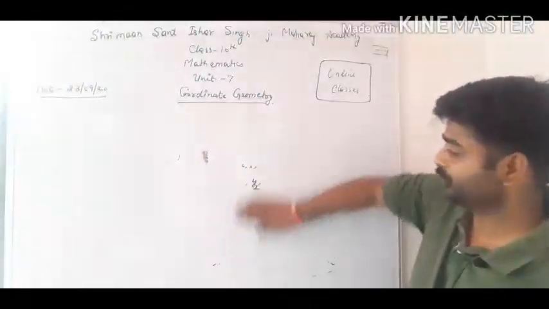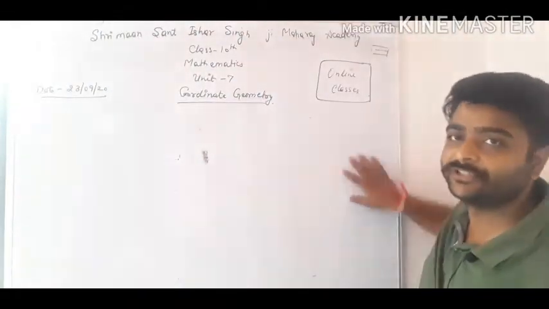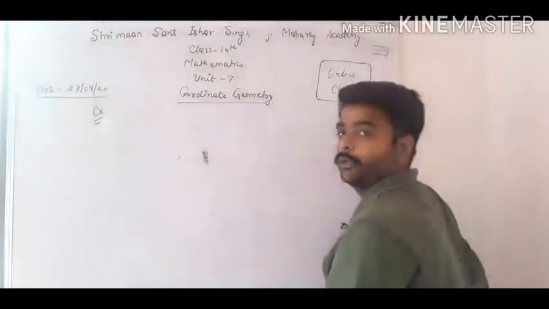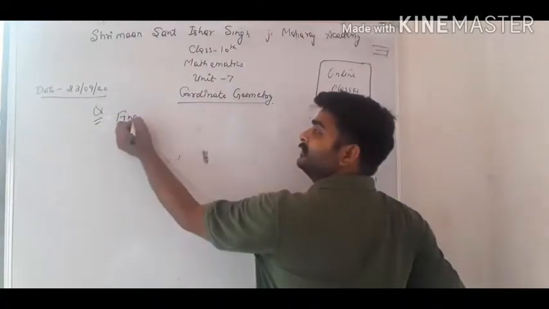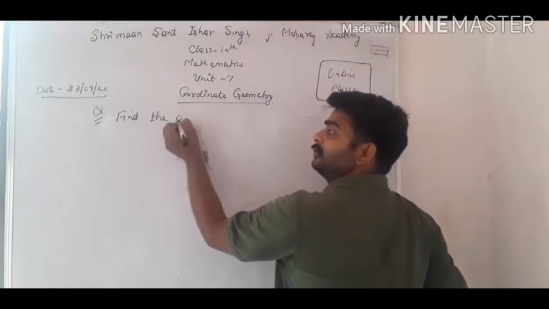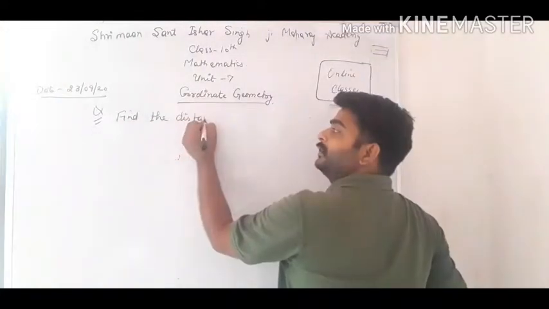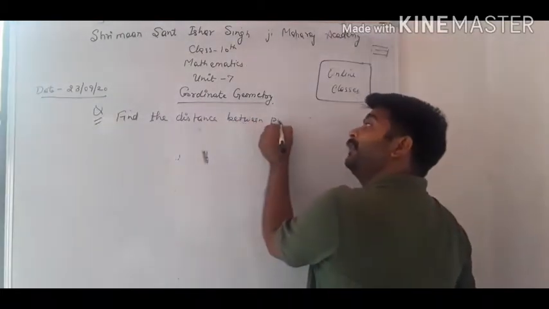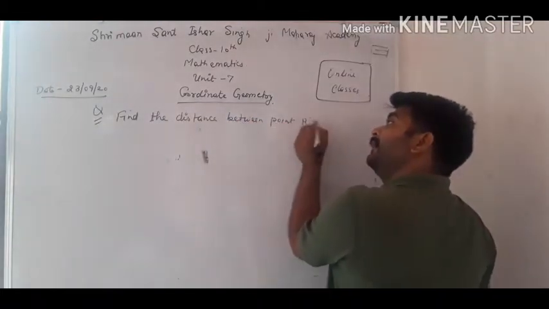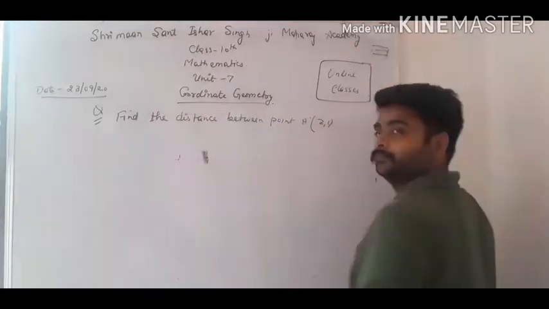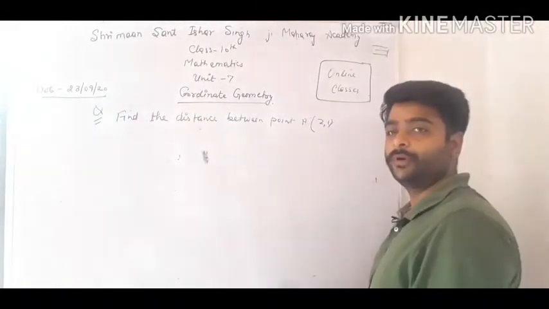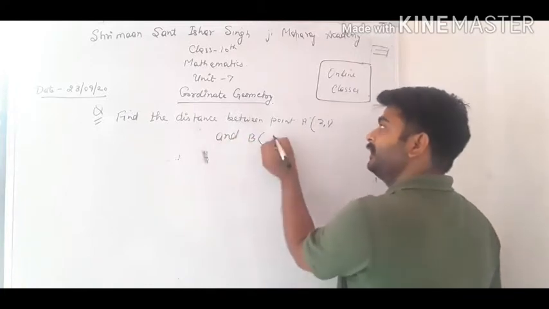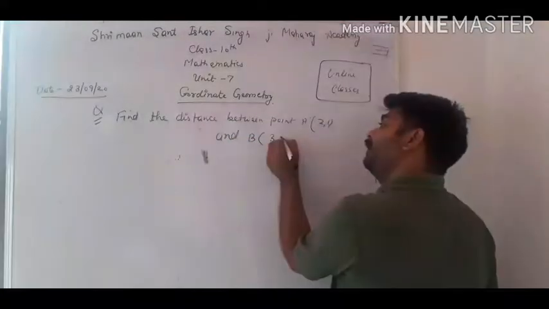Now class, what is the question? This is all about the basics of the distance formula. Now what is the question? For example, it says: find the distance between point A, that is 2, 1, and point B, that is 3, 2.